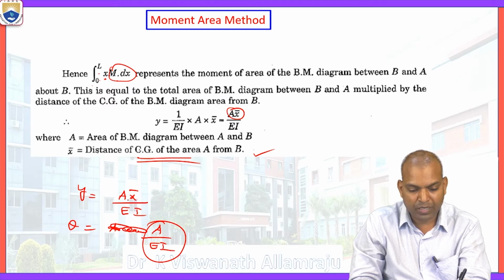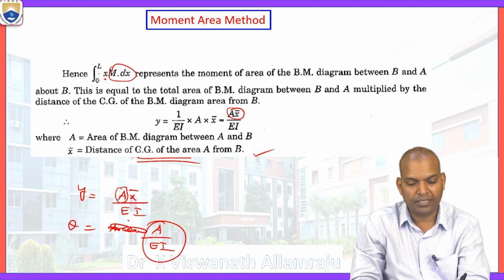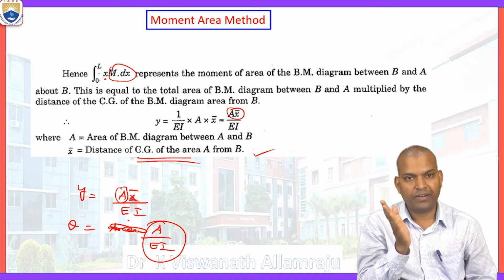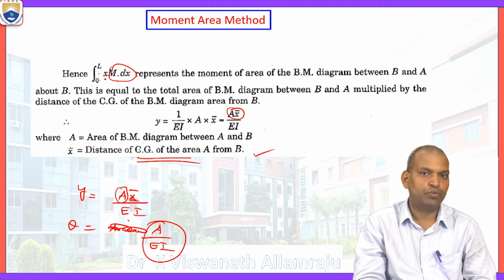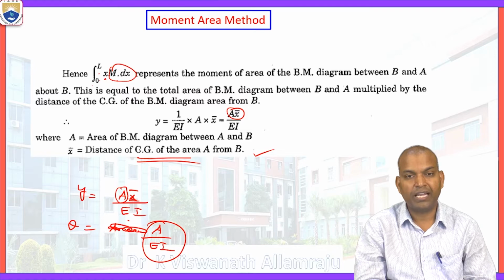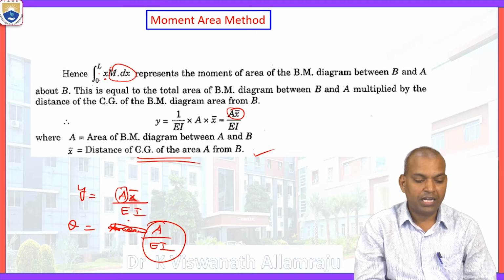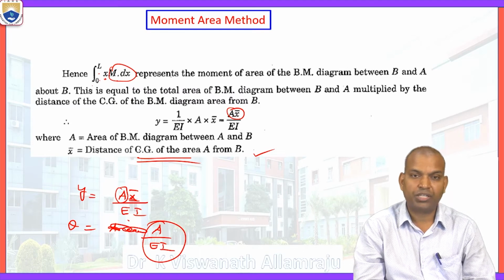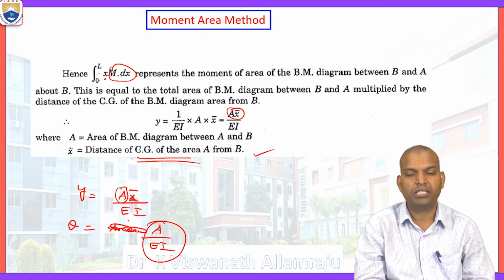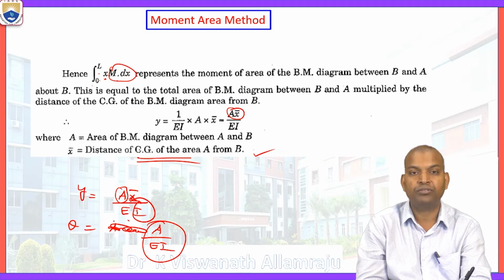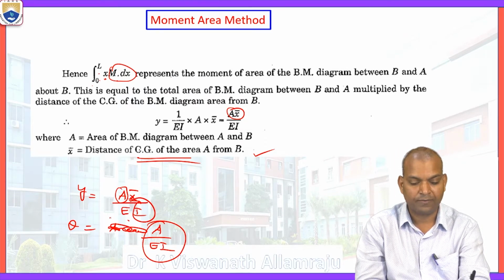Now here A x bar by EI means we need the area of the bending moment diagram, and also the distance of the center of gravity from support A, that is x bar. And E is the modulus of elasticity of the material, and I is the second moment of area, the moment of inertia of the section. If it is a rectangular section, square section, C section, H section or Z section, we have to find the value of I parallel to the x-axis, that is about the neutral axis.